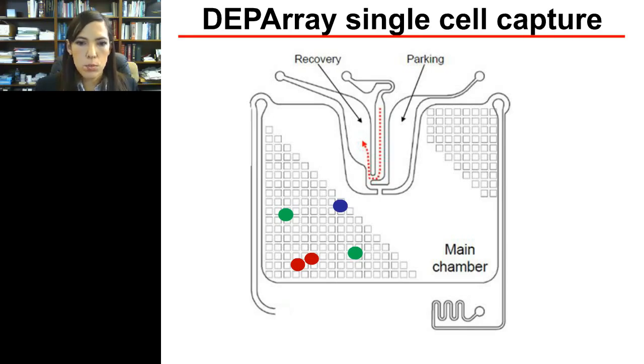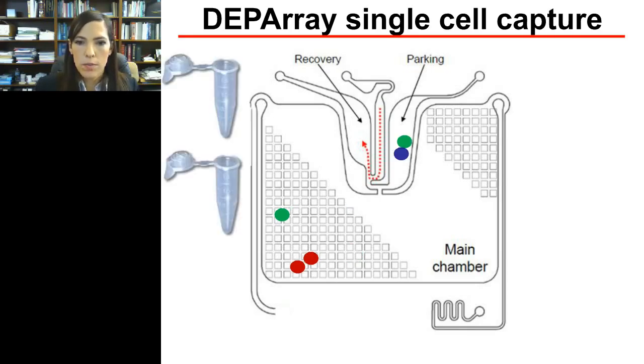So say I'm interested in this blue one and this green one. I then tell the instrument to sort those cells to the parking chamber, and I watch them as they are brought to the parking chamber, and say I want to look at the cells individually.